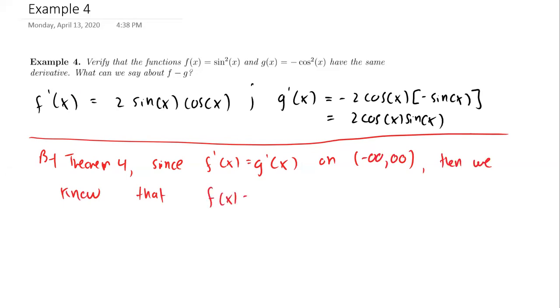So f of x minus g of x has to be equal to c, for some constant c. And that answers the question. We verified that the derivatives are equal, and by that we can conclude that f and g differ by a constant. So that's what we can conclude about f minus g.